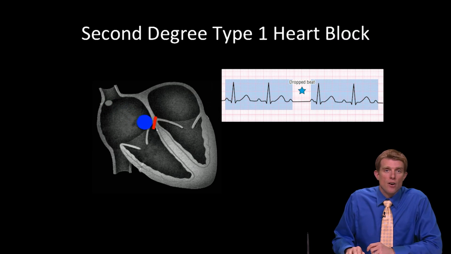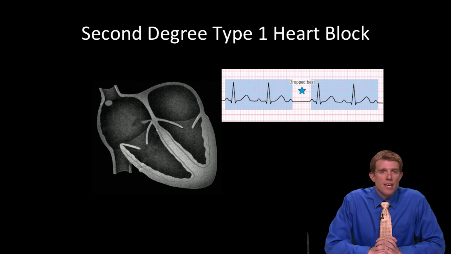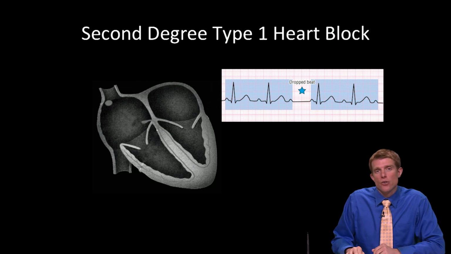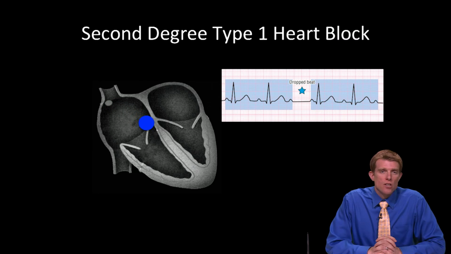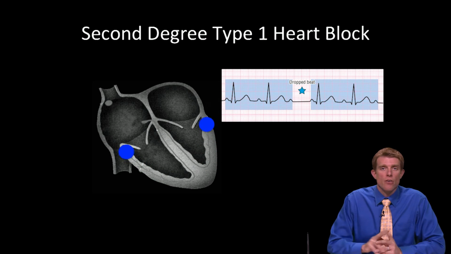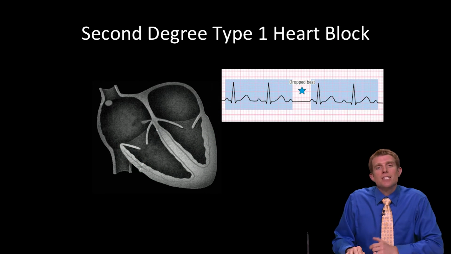At some point though, that pause at the AV node is too long and that electrical impulse is not conducted to the ventricle. And what this looks like is a dropped beat on your rhythm strip, or ECG, where you see the P wave, but there's no corresponding QRS complex. After that, the heart resets and you'll have a normal beat with a fairly normal PR interval again, and you reset the cycle.